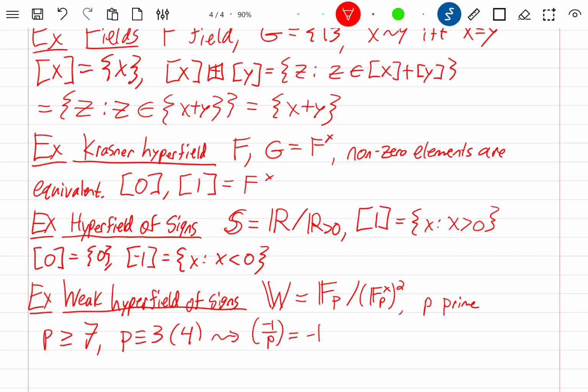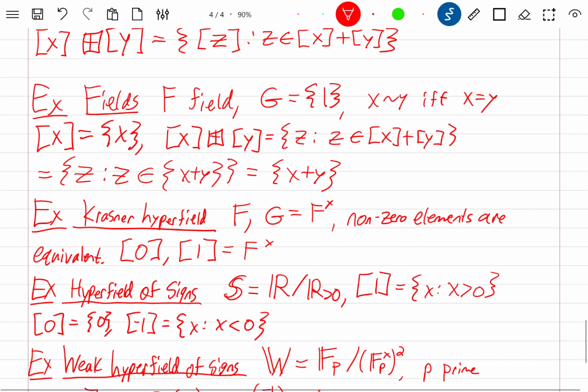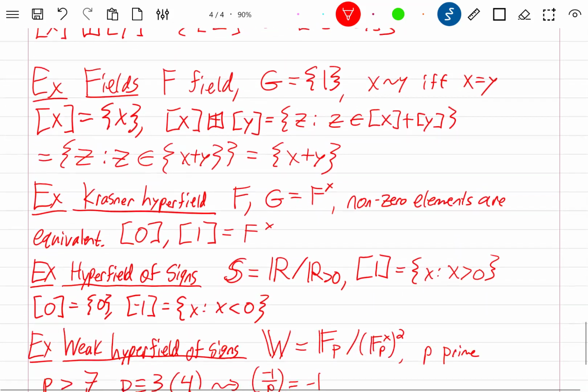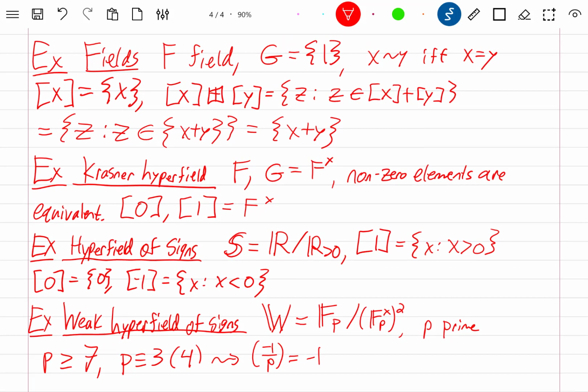I think the greater than or equal to 7 condition is so we don't run into things like our Krasner hyperfield, where we're just modding out by either everything or just the identity.